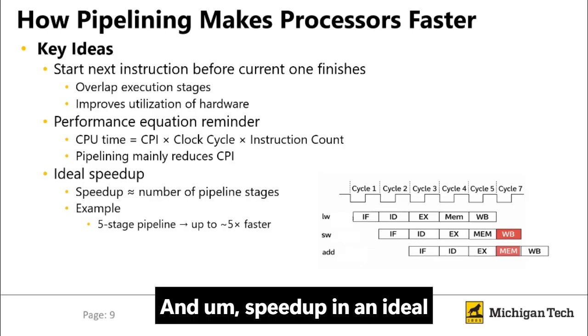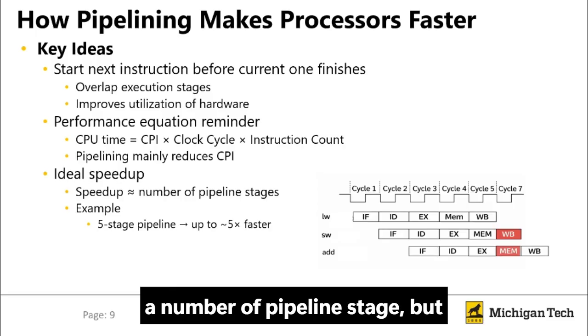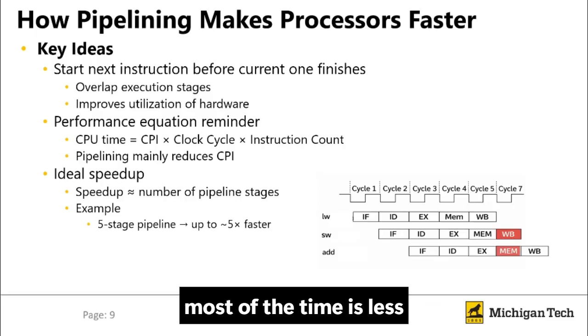The speedup in an ideal, maximum way is the number of pipeline stages, but most of the time it is less, like the laundry example that I mentioned.